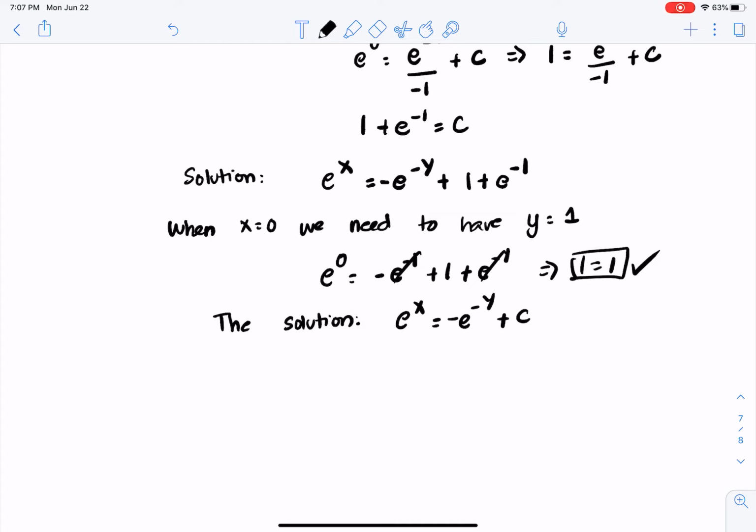So e raised 0 is going to be 1, e raised another number would be positive, and on the left hand side we are going to end up having negative e raised negative y.